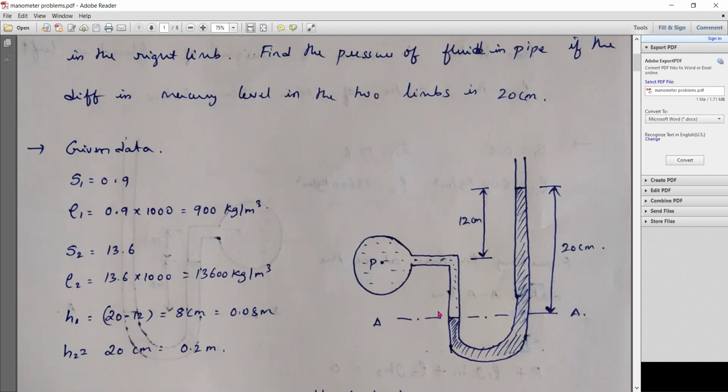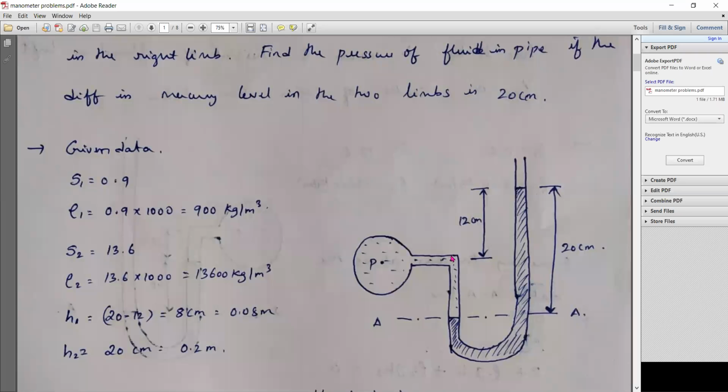So the pressure in the left limb above the datum line. How many pressures are there above the datum line in the left limb? We have two pressures. One is P, which we need to find, and the other is the pressure due to the head of the water here.